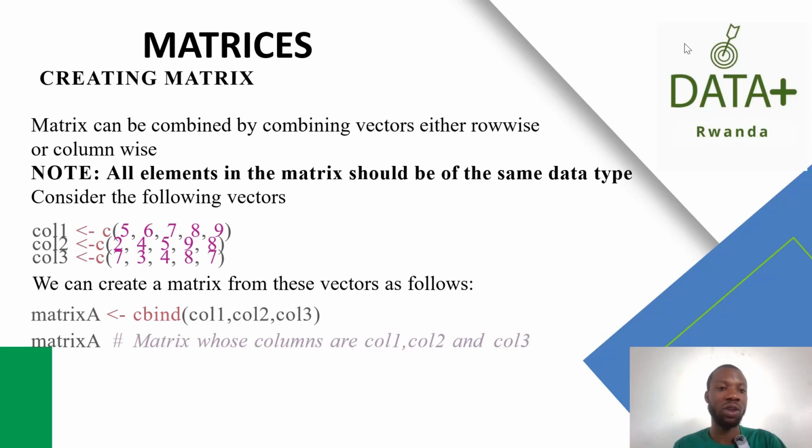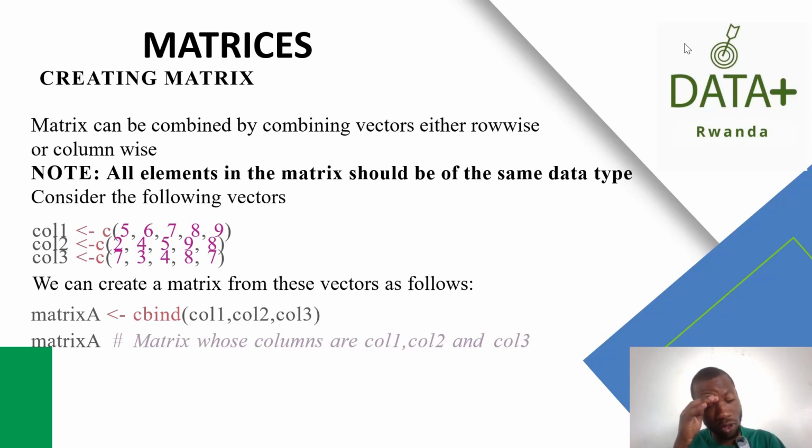In a real life situation we used to say observation, but when it comes to matrices, data frames or other programming, they call it rows. So those observations we get from the field are what we call rows. And those variables, those questions that we are asking so that we can get the result, we also call variables, but in programming we say columns. So I think you understand it.